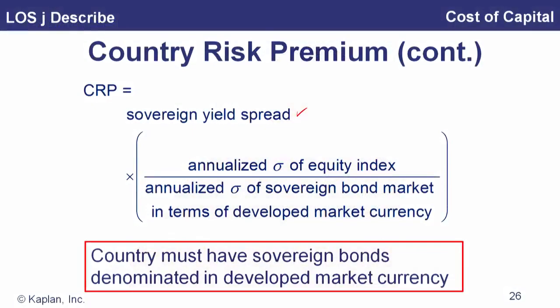But we need the country's debt to be denominated in the currency of the developed market. Because our term here, we're going to take that sovereign yield spread and we're going to multiply it by the annualized standard deviation of the equity index over the annualized standard deviation of the sovereign bond market in terms of the developed market currency.